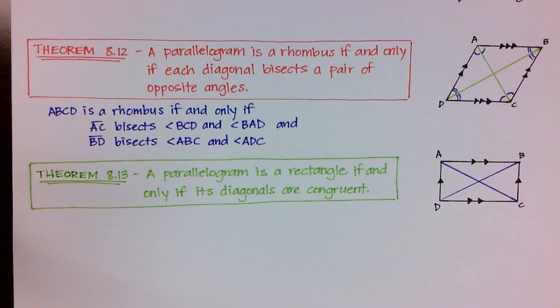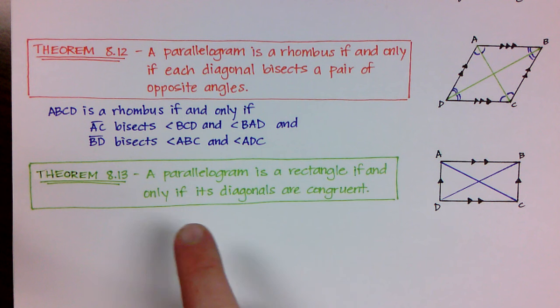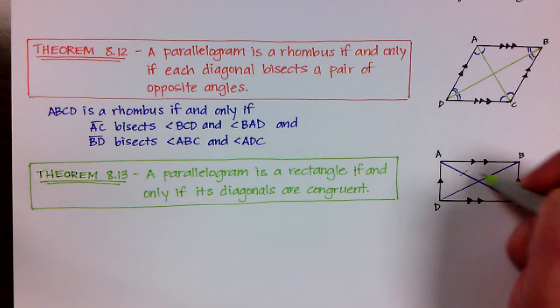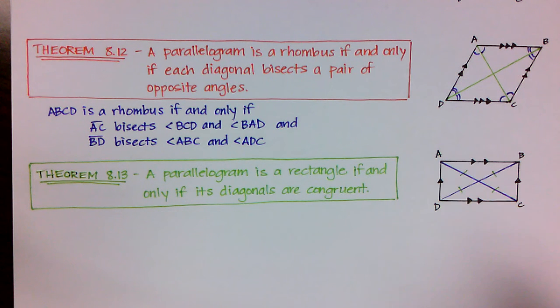This is Theorem 8.13, and it says a parallelogram is a rectangle if and only if its diagonals are congruent. Okay? So in this case, I have my diagonals, and I need to show that they are congruent, which means that AC needs to be exactly the same as BD. So let's go ahead and just write that down.